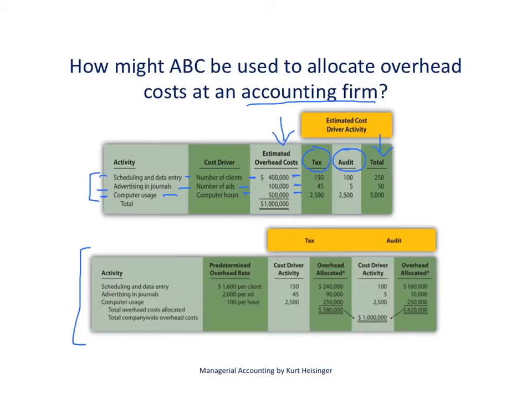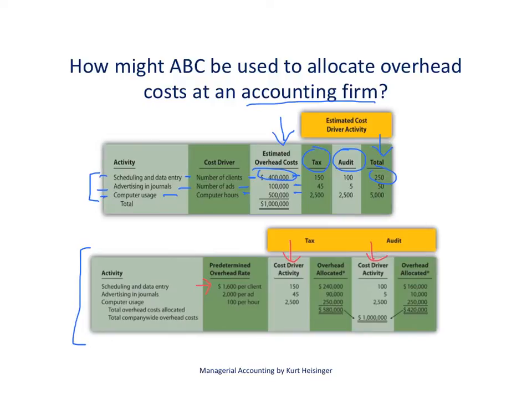And if you take $400,000 right here, divided by 250 clients, we come up with a predetermined overhead rate of $1,600 in the bottom chart per client. Now we're going to take that rate and multiply it by the cost driver activity for each department, for each service that we offer, to determine the amount of overhead allocated to each of those departments.